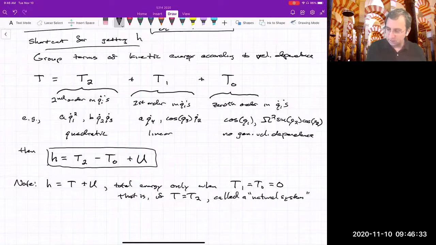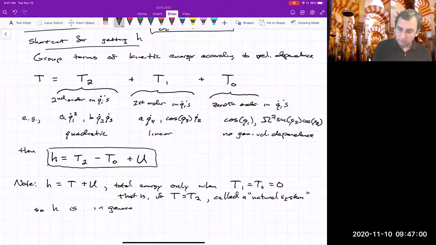You'll come across all kinds of weird terminology, like people will say scleronomic, rheonomic, catastic. I don't go that way. Don't worry about that. But the main thing here is, in general, H, this Jacobi integral, is not the total energy. It only is in certain circumstances. Okay.